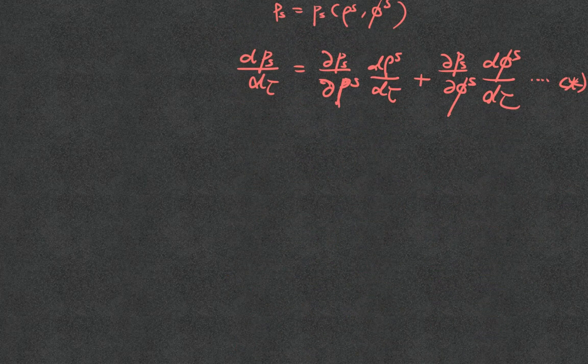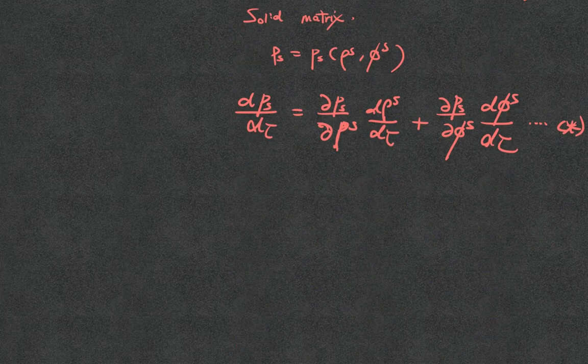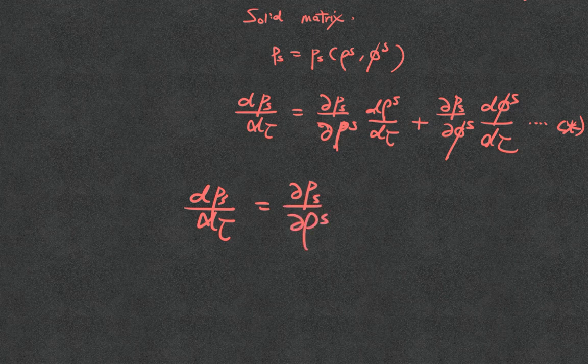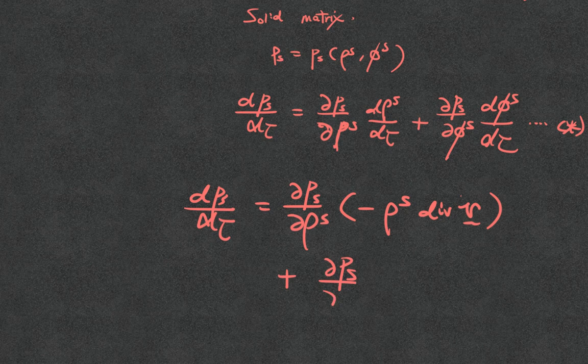Then if we combine the whole equation together, what we have is that the time derivative of the density of the solid equals the partial derivative of P_s with respect to the intrinsic density times minus P at rho_s divergence of V plus rho P_s divided by this.